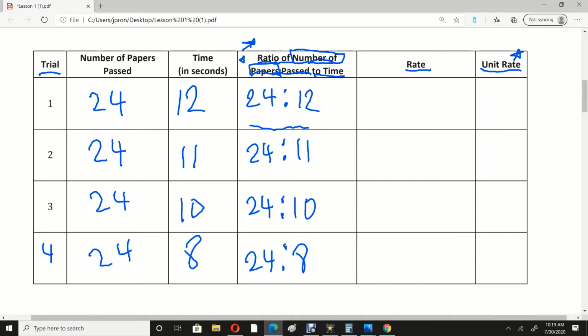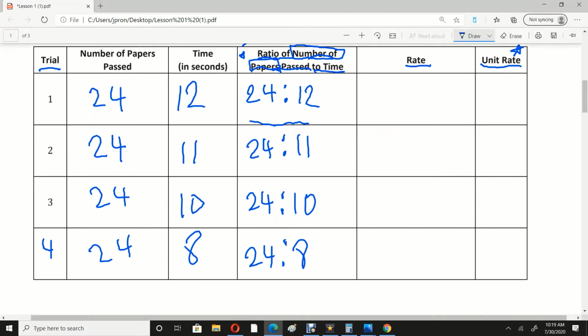So we talked about the unit rate up here a little bit, but how do we actually calculate it? Well, in this case, our units are seconds. Our units are the time, right? And we're comparing that to the number of papers we pass out in a certain amount of time. So we want to get our units of seconds down to 1. So how are we going to do that?